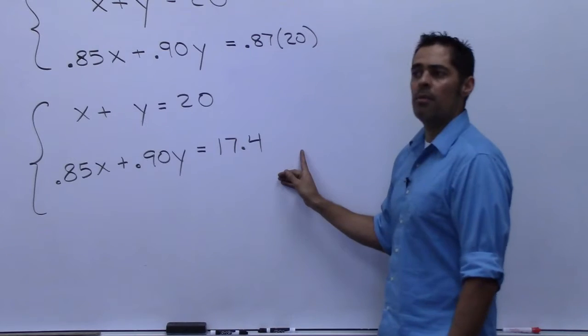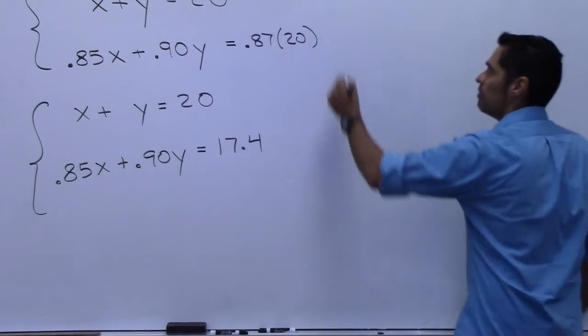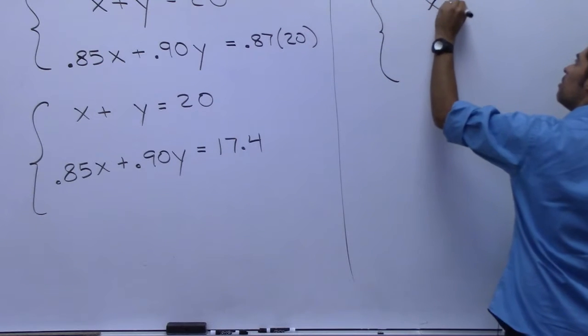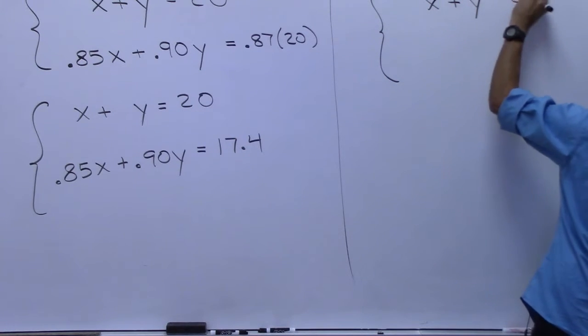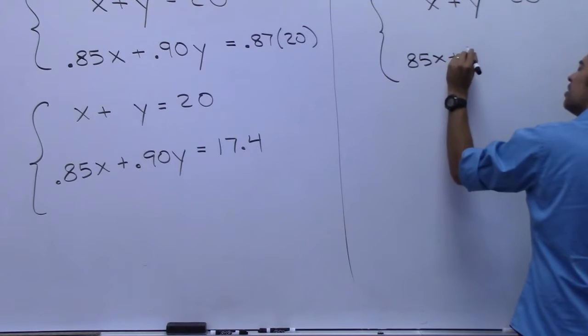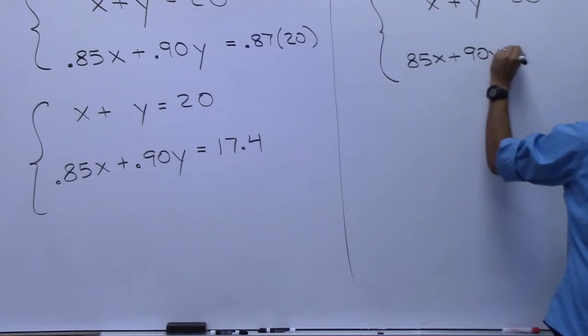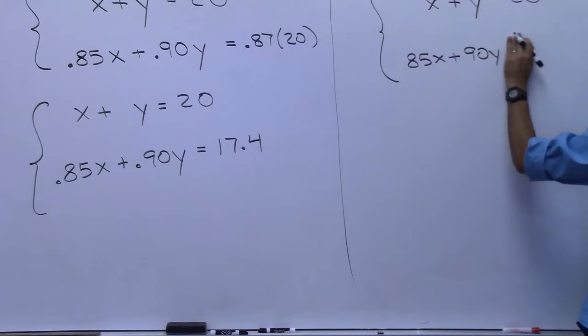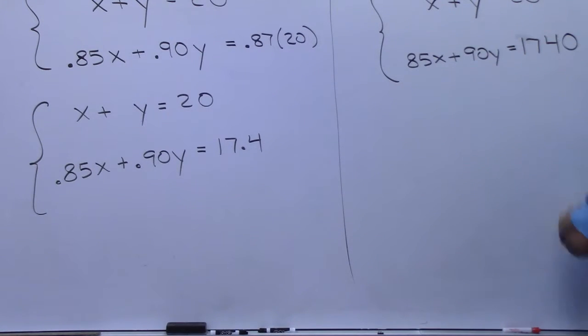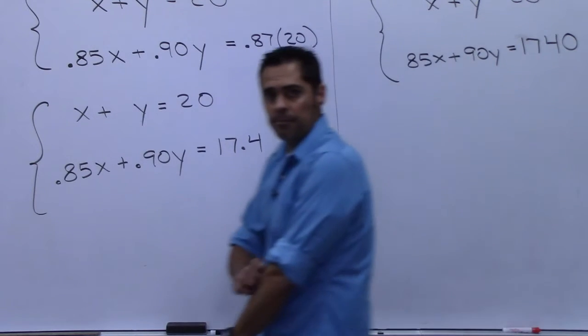Ooh, that's going to be a big number, but that's life, okay? That's what happens sometimes. So we have x plus y is 20, and we have 85x plus 90y equals 1,740.